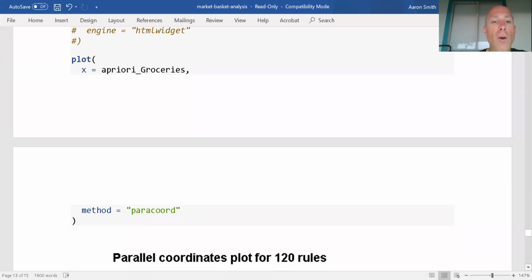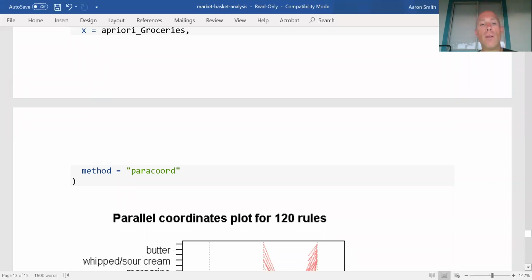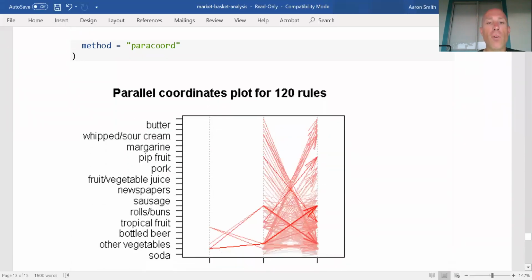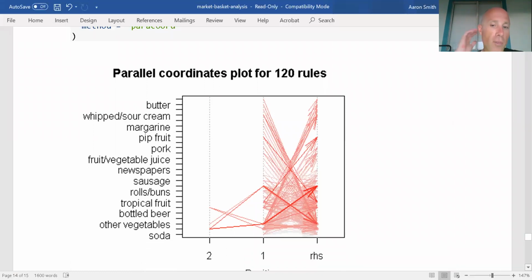And now we can use a parallel coordinate system to plot. Parallel coordinates is when I make a vertical line for each axis, basically. So I've got 3 different axes, and if I was to dig in, I can see how these are moving along.